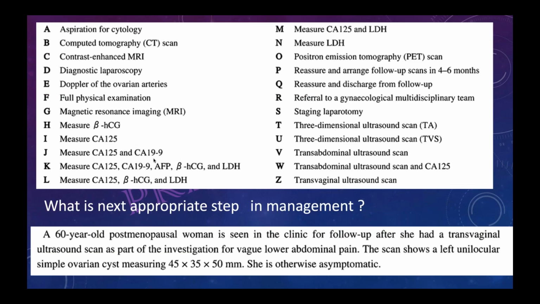A 60-year-old woman had a TVS done. TVS shows a unilocular cyst. Asymptomatic, what will be the next step? CA 125.